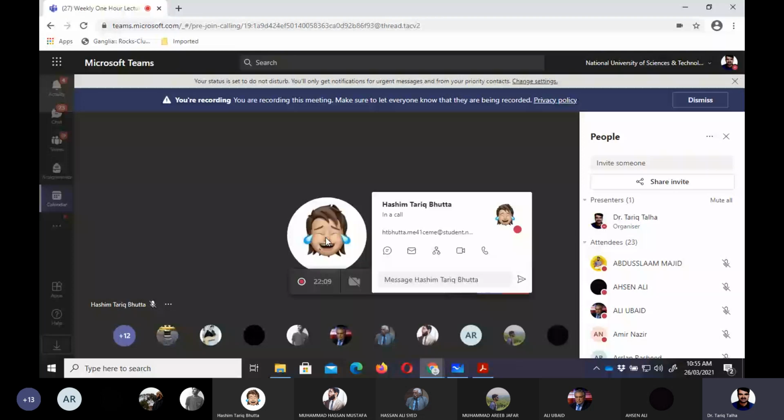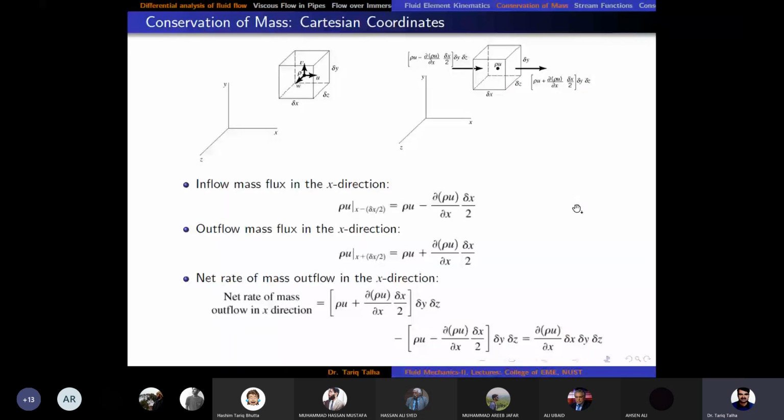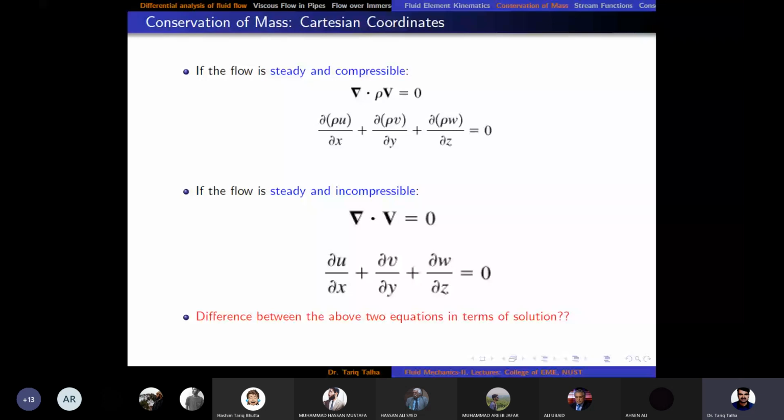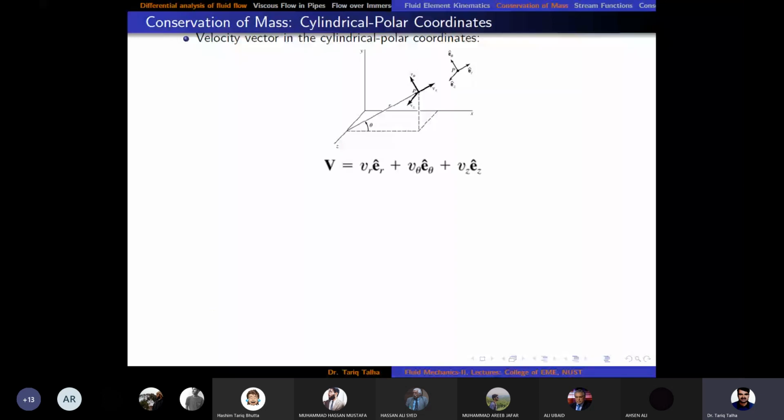So now we can also derive this equation in terms of cylindrical polar coordinates. If you remember from your basic statics and dynamics knowledge, for cylindrical polar coordinates the velocity vector depends upon the r, theta, and z directions. For that case, we can do the derivation, which is not going to be shown here.